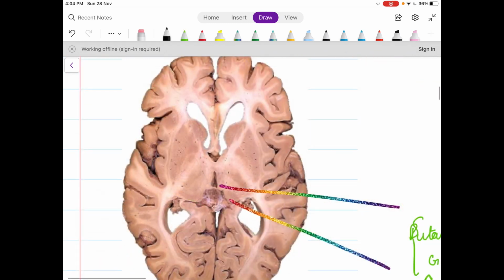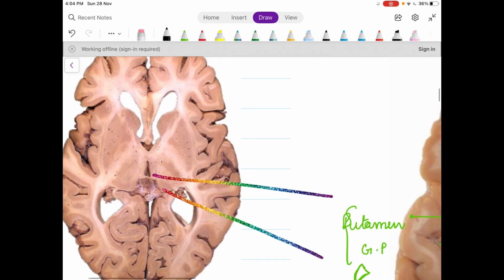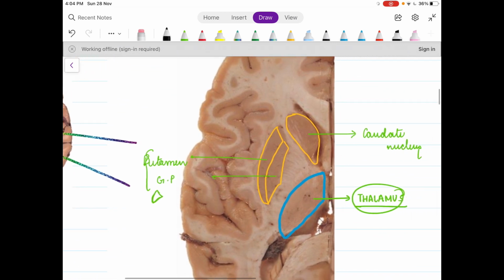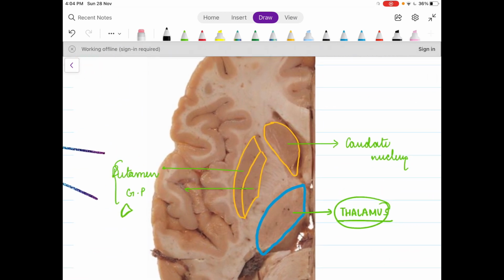Now let's see the cadaveric section of the brain. This is an axial section taken from the cadaver, hence the name cadaveric section. I have zoomed this image for a better understanding of the locations and how these basal ganglia nuclei look. The outside grey matter is your cerebral cortex, and the inside grey matter located deep in the white matter are these nuclei.